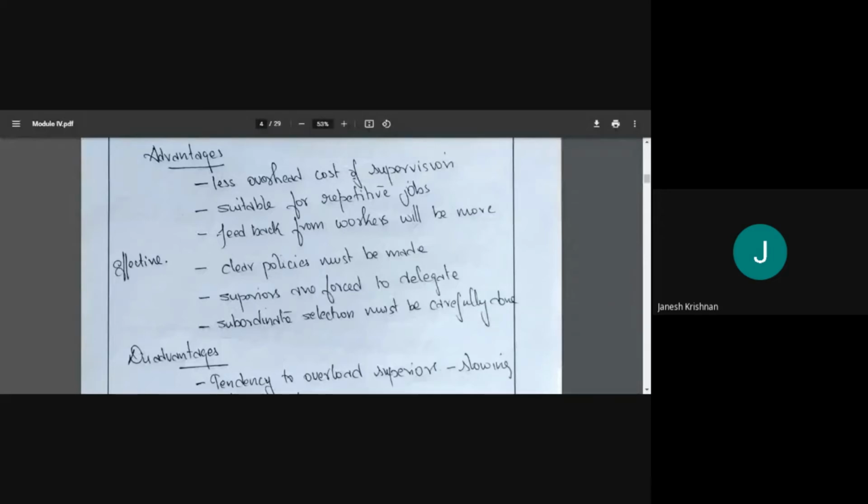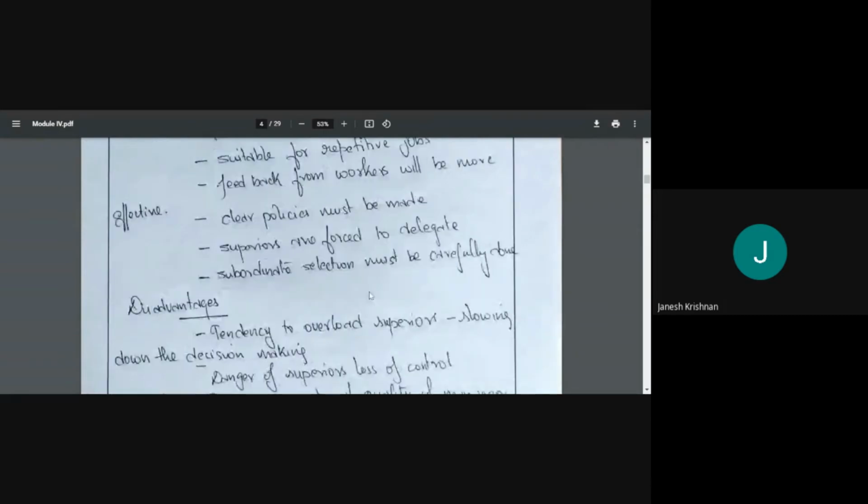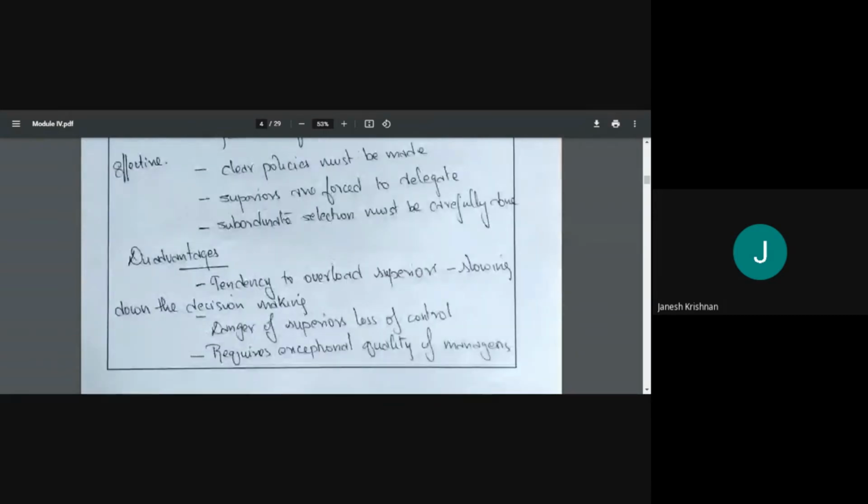Right? Subordinate selection must be carefully done. A large number of people are under one person, so he or she may be forced to delegate. So the subordinates whom we select should be trustworthy, hardworking. And this will overload the supervisor, because one person has to make all these decisions.